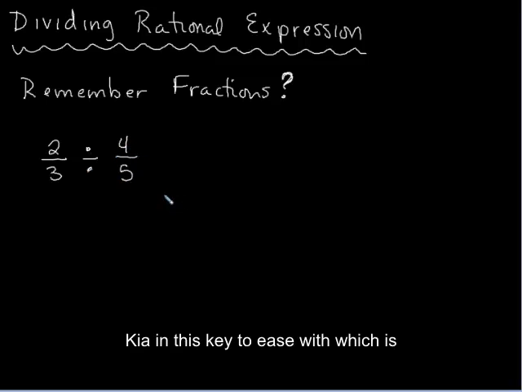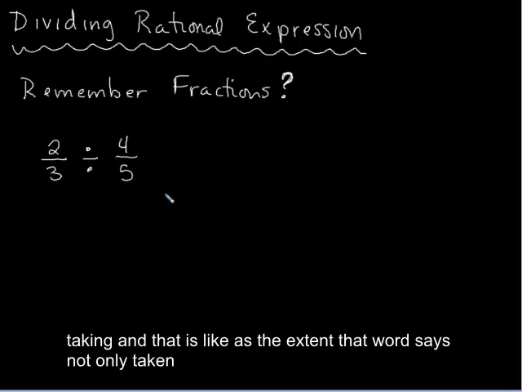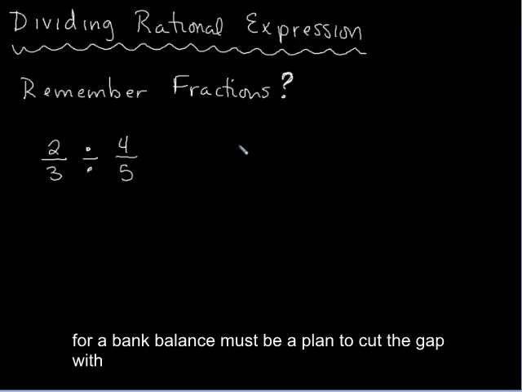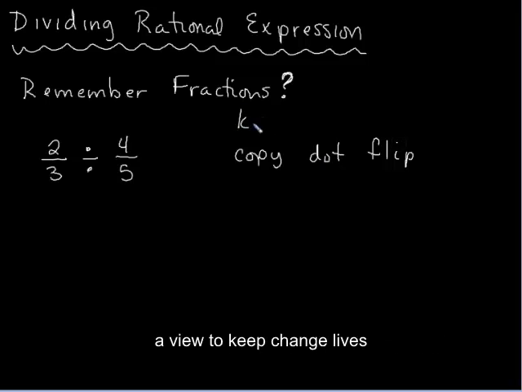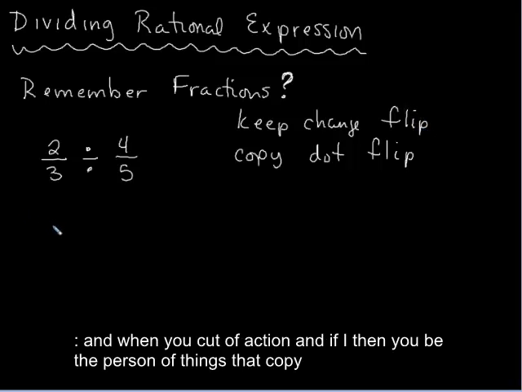Okay, there's keep, change, flip, which is KCF, which is like KFC except backwards, so it's not really chicken. That one always messes me up, so I always use copy dot flip. Or you can do the keep, change, flip. But whatever, when you take a fraction and you divide them, you leave the first one the same, so copy.